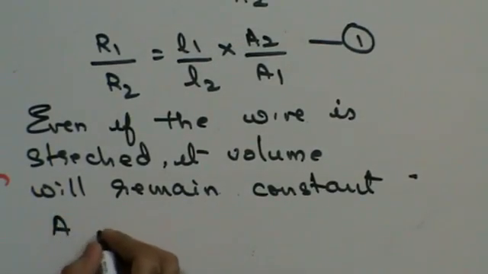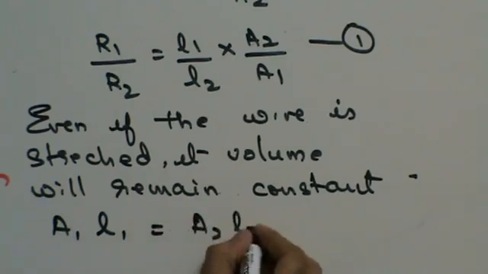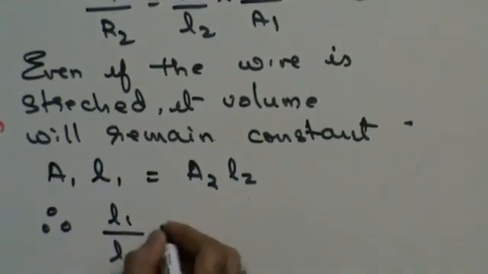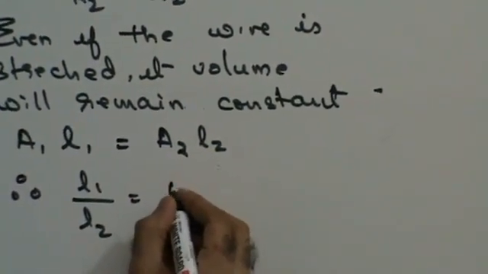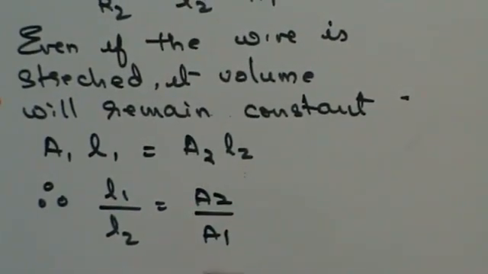Volume is nothing but area into length. So the initial volume should be equal to the final volume. That means A1 into L1 should be equal to A2 into L2. Therefore, L1 upon L2 is equal to A2 upon A1. Let's call this equation 2.